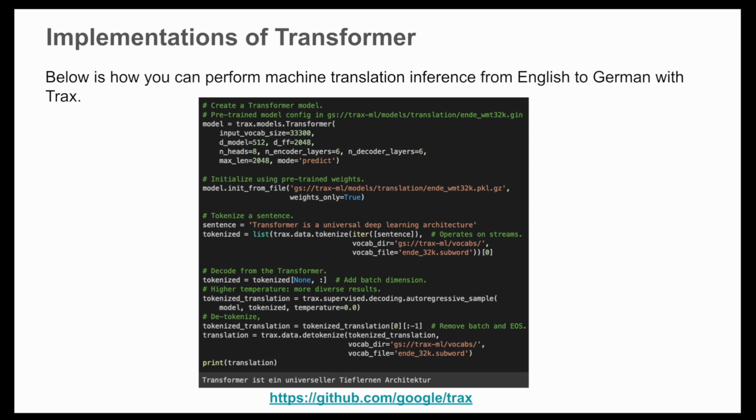It also translates back to "Transformer is a universal deep learning architecture", which I think is amazing. Given that all of this is matrix multiplication, it's fascinating that the model, by just using attention, can do machine translation really well.